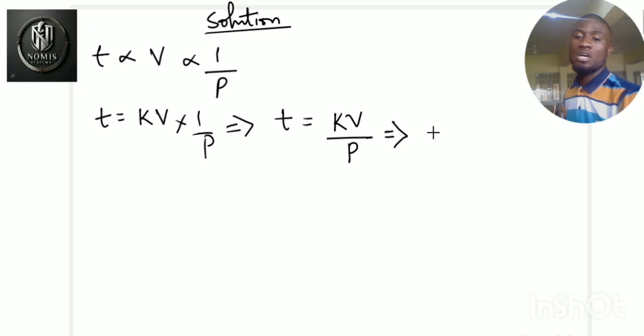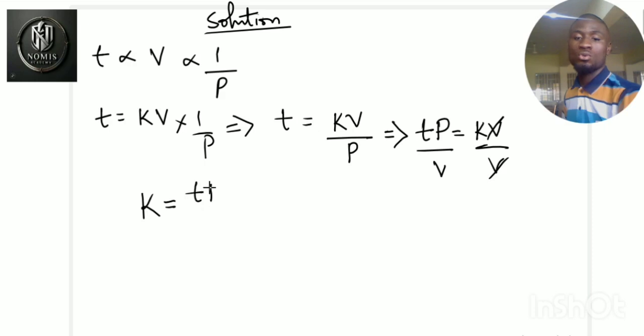This can be transformed to T, multiplied by capital letter P, equals KV. Then when we divide both sides by V, V cancels V, and K is equal to small letter T, capital letter P, all over V.